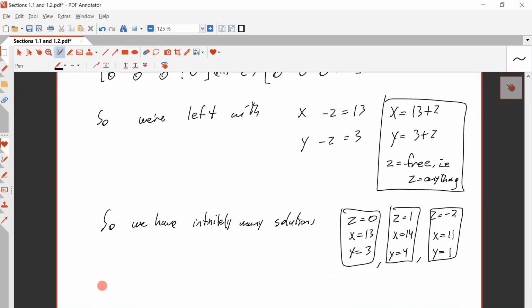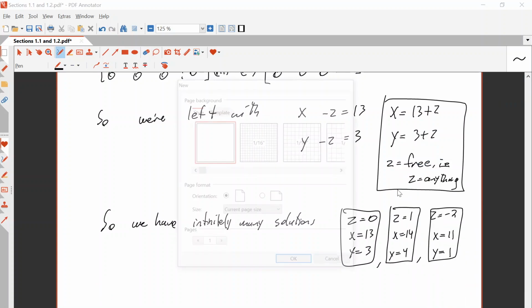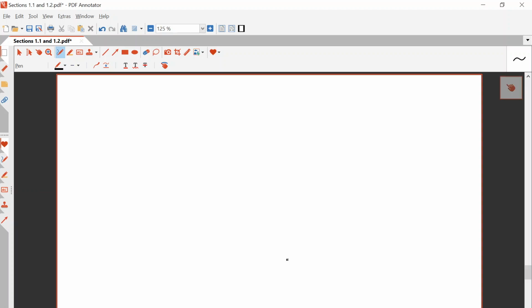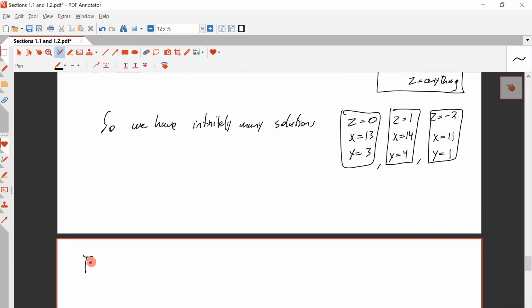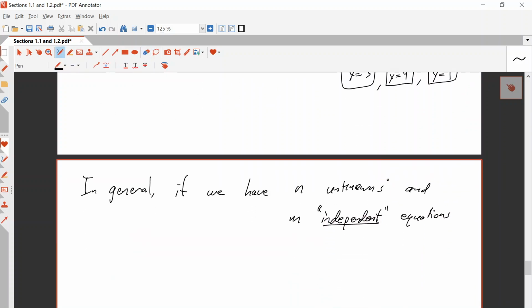Okay, so in general, what happens is the following. If we have n unknowns and m independent equations, whatever independent means, we'll make that more precise later.